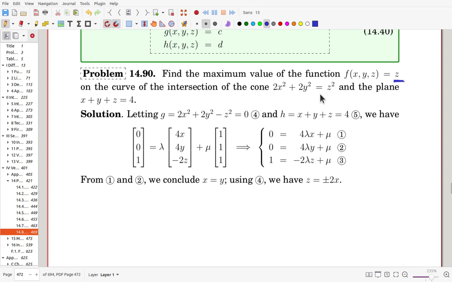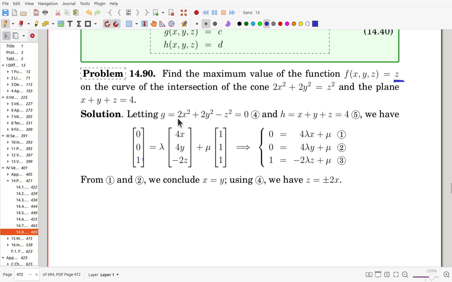Now, by using the Lagrange multipliers, we can solve it. The gradient of f is 0, 0, 1, since only the z derivative has a non-zero result. So 0, 0, 1 equals lambda times the gradient of g.